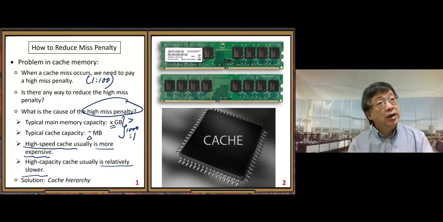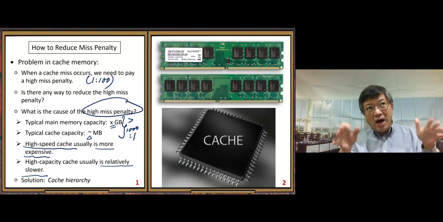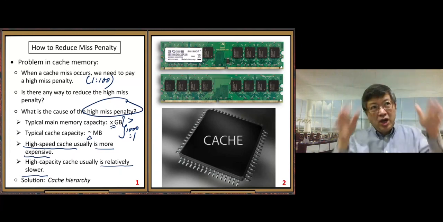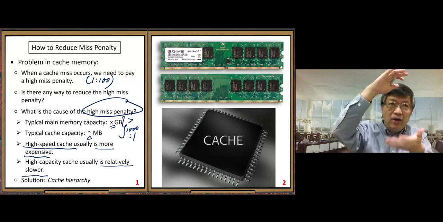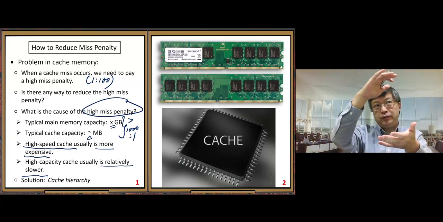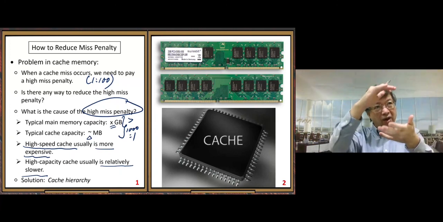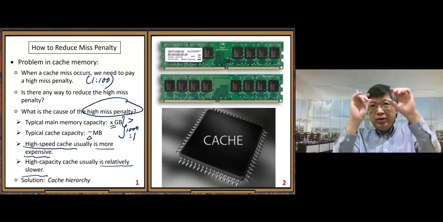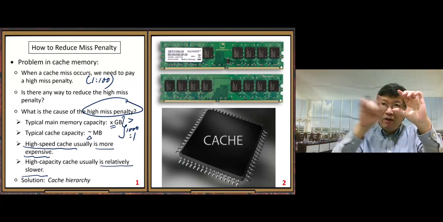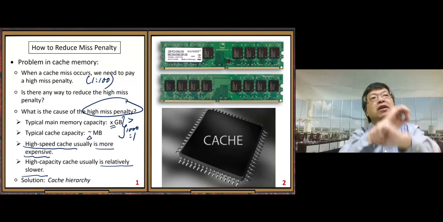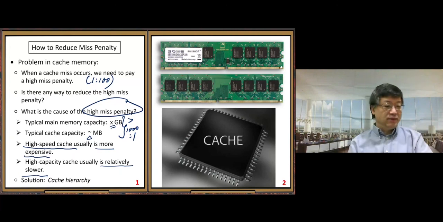Multiple levels, top to bottom, a pyramid shape type cache hierarchy. But here we only talk about the cache part. We saw the 4-level memory hierarchy before, right? Now, we split the cache part into a multiple level cache hierarchy. So that's the solution, that's the idea.